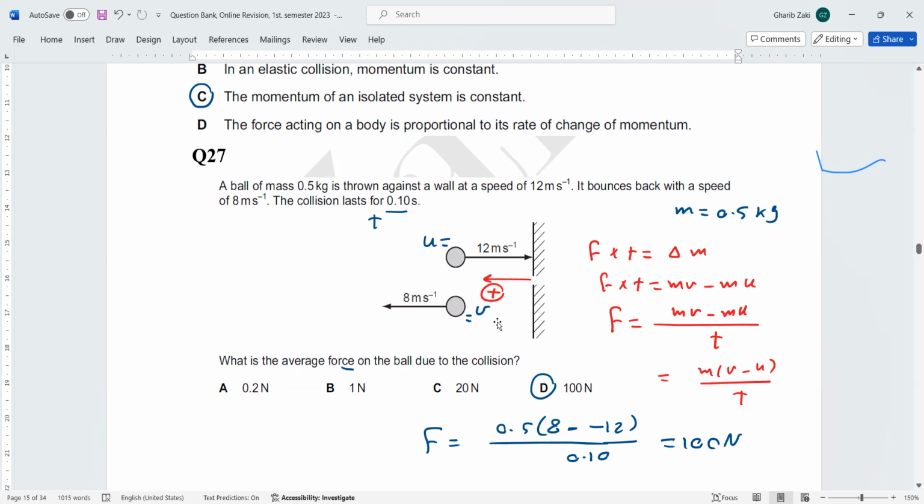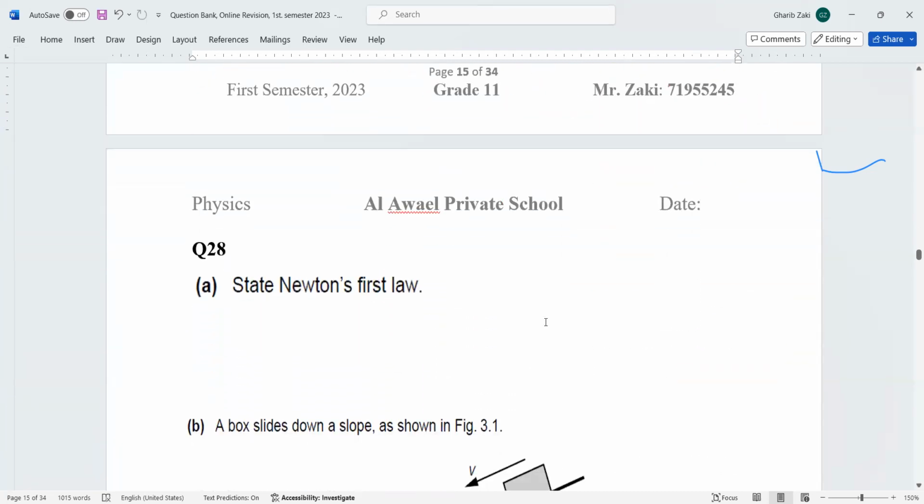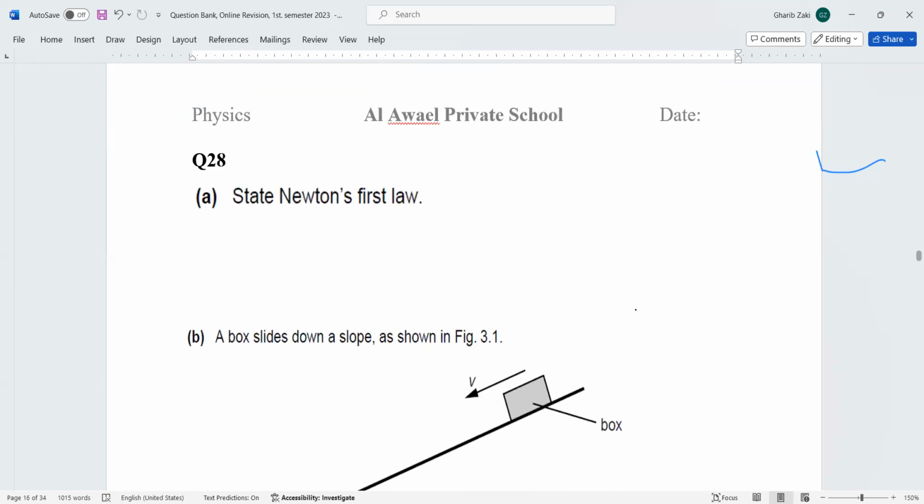Next question. State Newton's first law. Do you remember Newton's first law? Who can remind me? I will write here, but write the same as in the book.